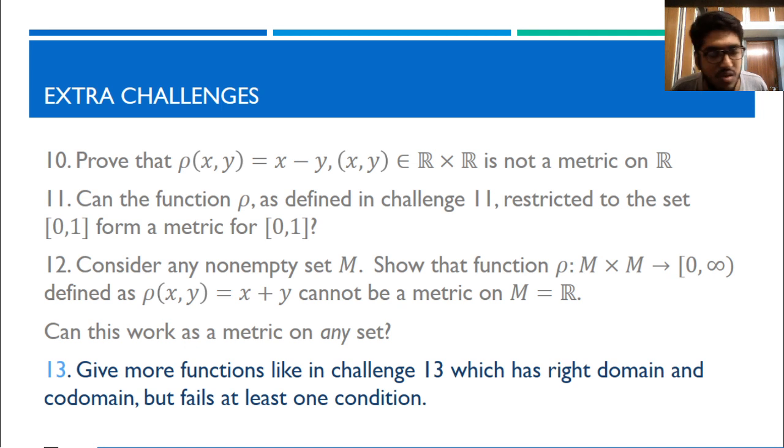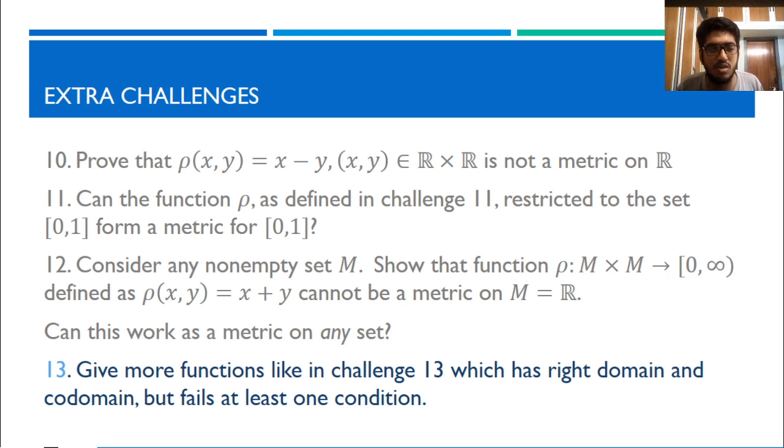Now, I'm going to the next question. Give more functions like challenge 13, which has the right domain and codomain, but fails at least one condition. So you can all leave your thoughts in the chat as you go. I'll wait for 30 seconds. You can post at least one function that you can think of which will not work as a metric. Try to construct a function of x comma y.